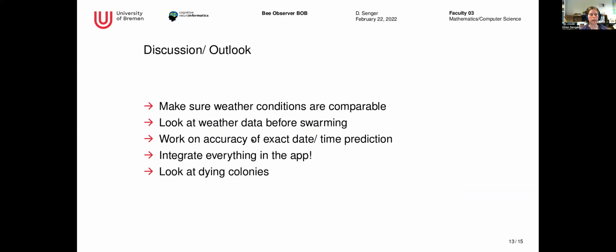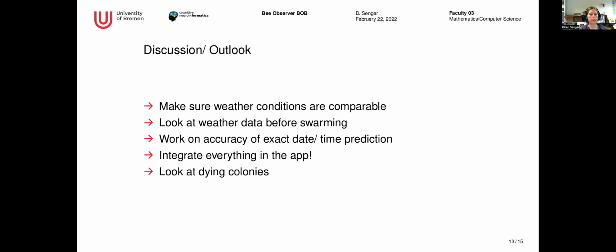I also believe that the weather data is really interesting for swarming prediction. I think only looking at the weather data can already tell you a great deal about swarming probability, and then we can have the sensor data to support this.